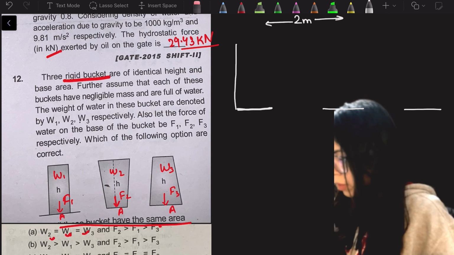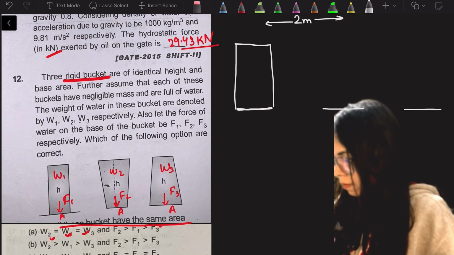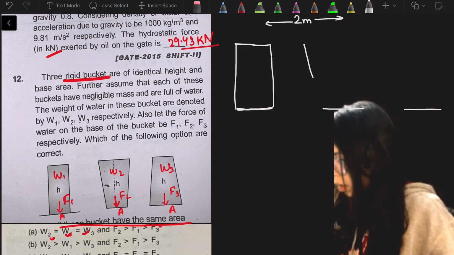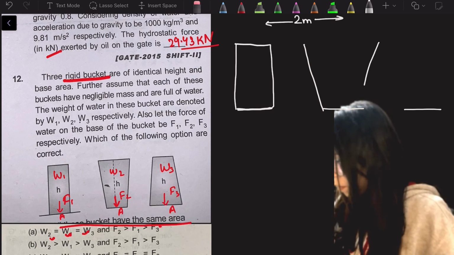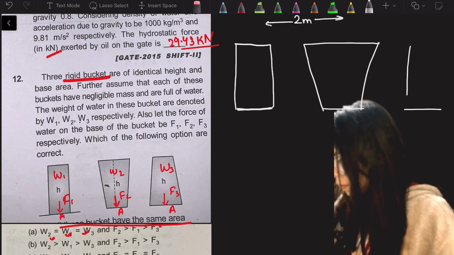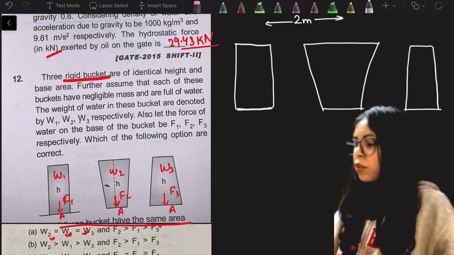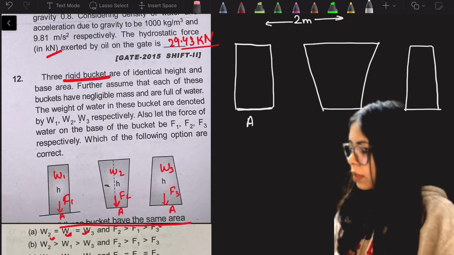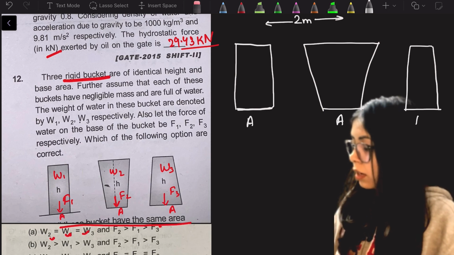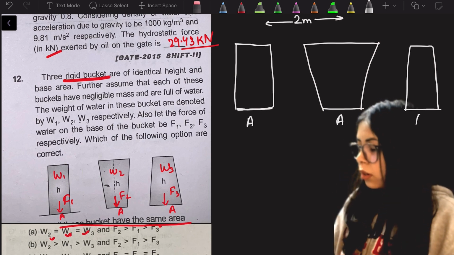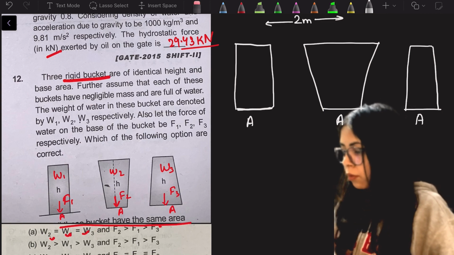One is something like this. Another one is something like this. And next is something like this, right? So bases are the same, and they are saying it is full of water. All 3 buckets are full of water.